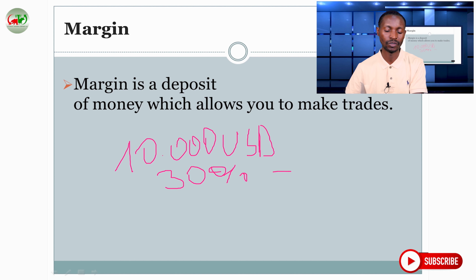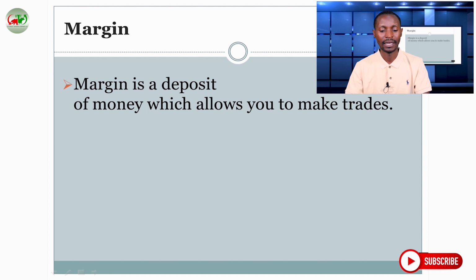It is the same in Forex. In order to execute any trade, you must have a certain amount of money that the broker sets aside as a guarantee in order to be able to make trades.